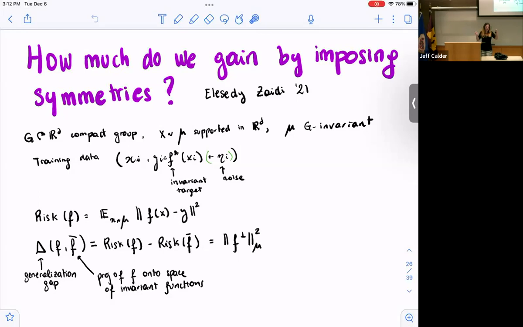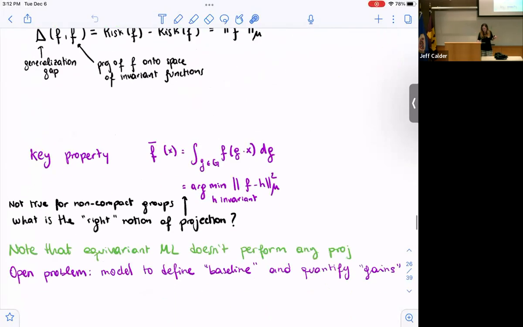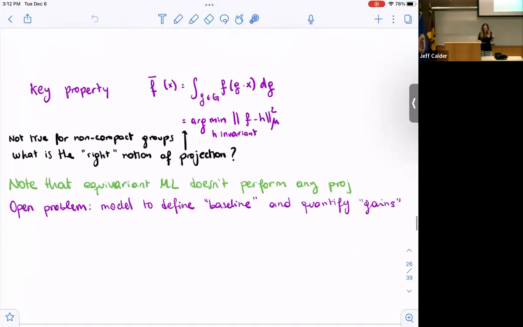There's a key property that goes into this theorem: if your measure is invariant, then the natural projection onto the space of invariant functions, which is the Reynolds operator, averaging over the group orbit, corresponds to the orthogonal projection with respect to the measure of the data. That's what made that computation work.